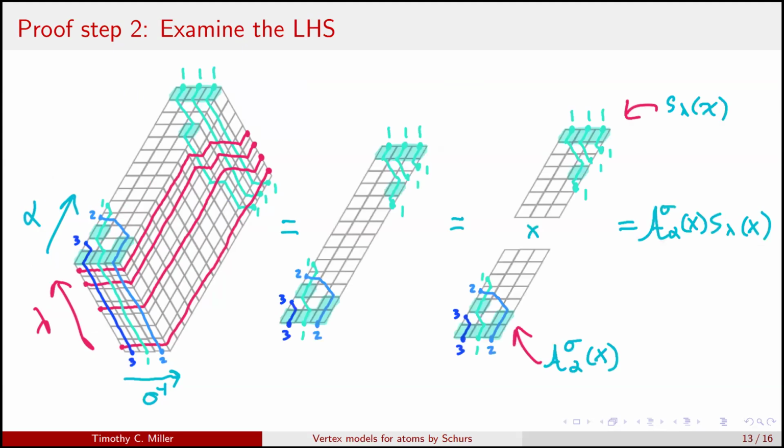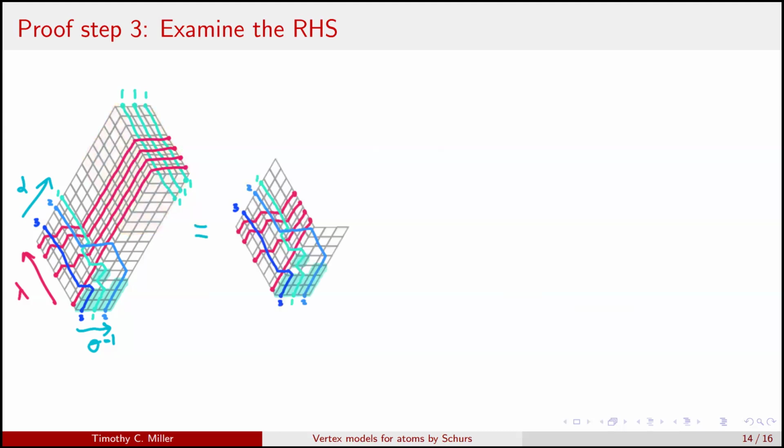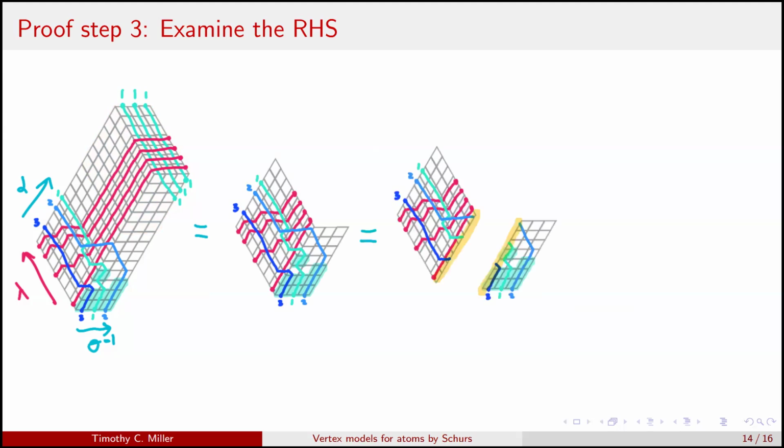And then proof step 3. On the right-hand side, this part will always be fixed. And so we can delete it. And then we have this, and then we can split that up. And then on the interior, we always have this beta encoded, but it's a variable weak composition beta.